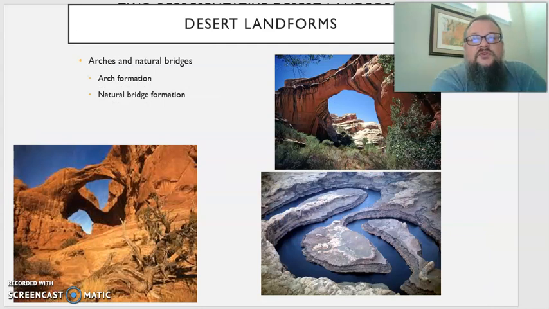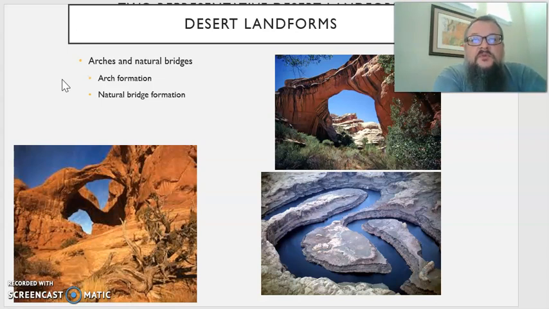Last landforms I want to show to you are arches and natural bridges. We have a national park based on arches, which is in Utah, and then a national monument, Natural Bridges, which is also in Utah, but there are arches and natural bridges in lots of places.